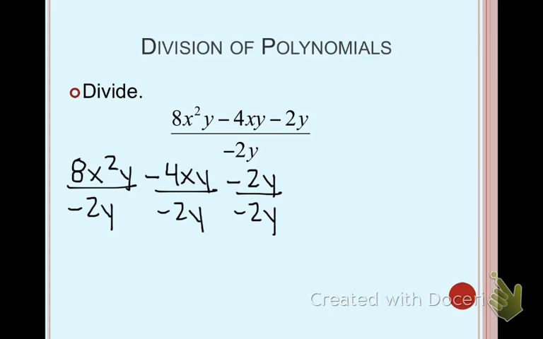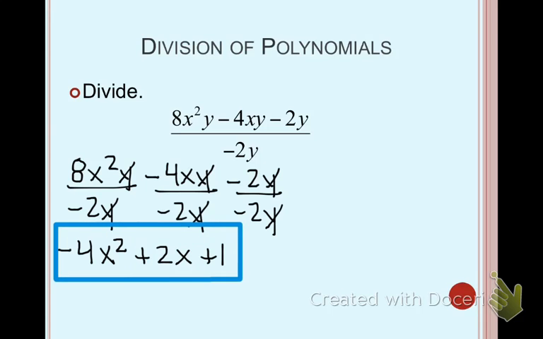Okay, 8 over negative 2 becomes a negative 4. My x squared stays x squared, and my y's are going to cancel. Negative 4 over negative 2 becomes a positive 2. My x stays x, and my y's will cancel. Negative 2 over negative 2 becomes a positive 1, and my y's are going to cancel. And voila, there's my answer.